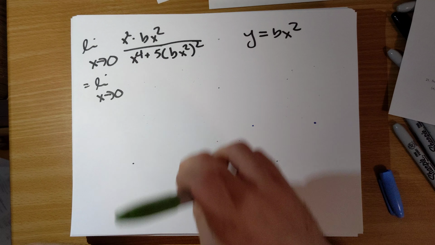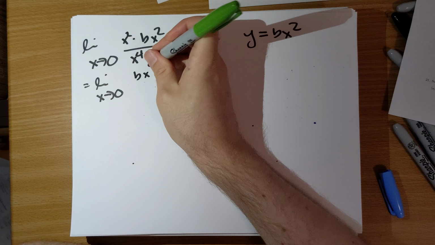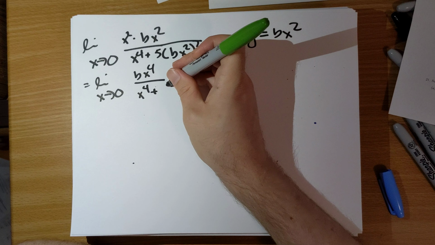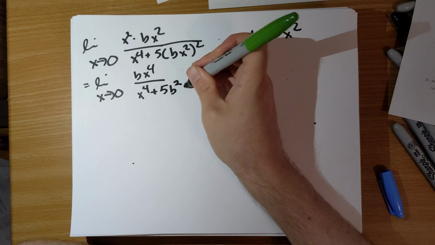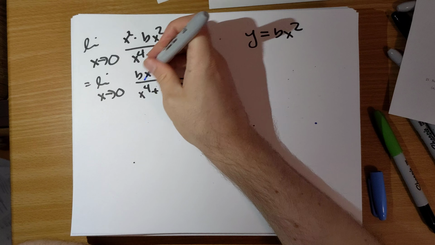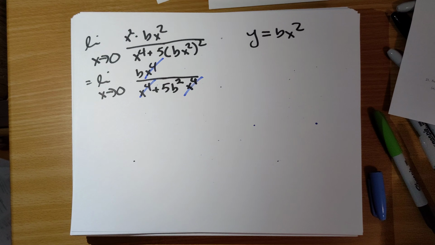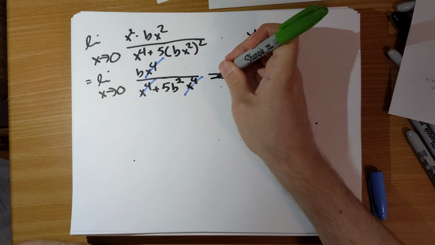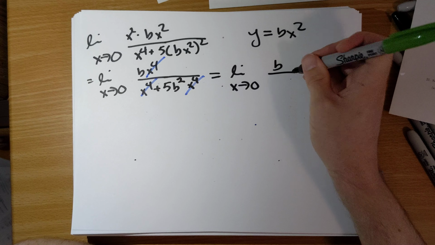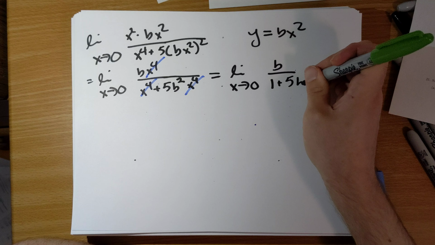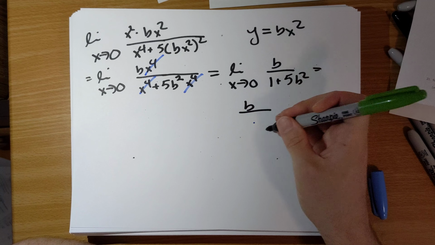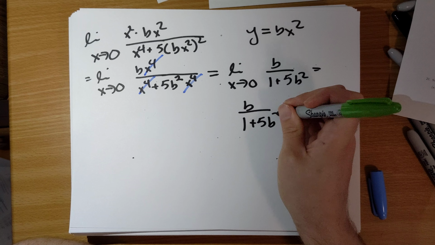Okay, simplifying this, upstairs we have bx to the fourth. Downstairs we have x to the fourth plus 5b squared x to the fourth. It looks like we can factor out an x to the fourth from both the numerator and the denominator. And we're just left with the limit as x goes to 0 of b over 1 plus 5b squared. There's no x dependence here. The answer is just b over 1 plus 5b squared.